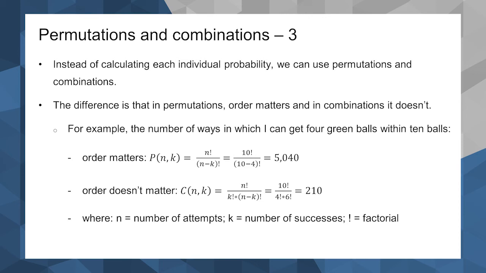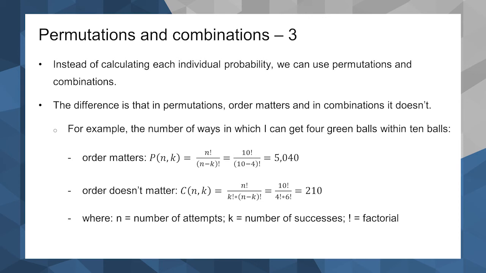Why do we use factorials here? Because let's say I want 1 ball out of 5. There are 5 different ways in which I can do it. I put it in number 1, in number 2, in number 3, number 4, and number 5. And in order to determine that, the way to do it is to use factorials for the calculation.